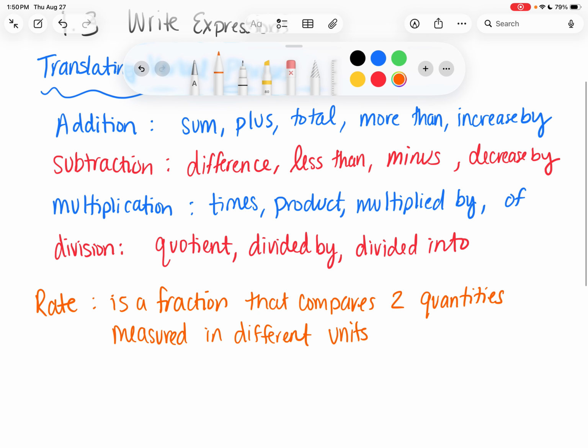One very common one that you see every day would be mph, which is miles per hour. So that's what a rate would look like. It's a fraction that's comparing two quantities with different units. And sometimes that requires us to do conversions. They might give us something in miles per hour and we need to convert it to, say, feet per second or something like that.